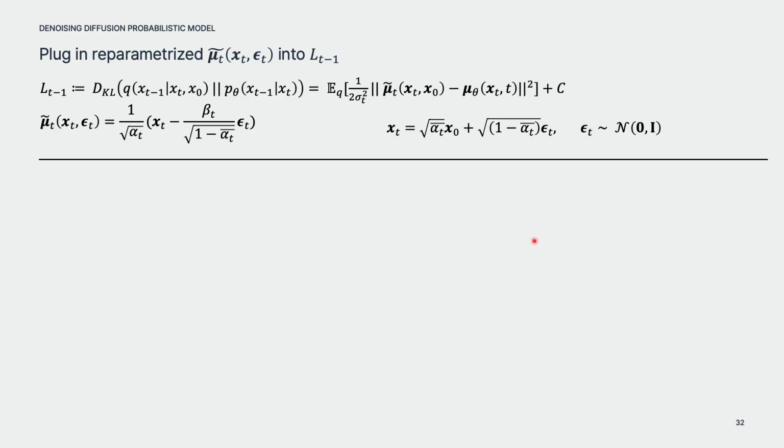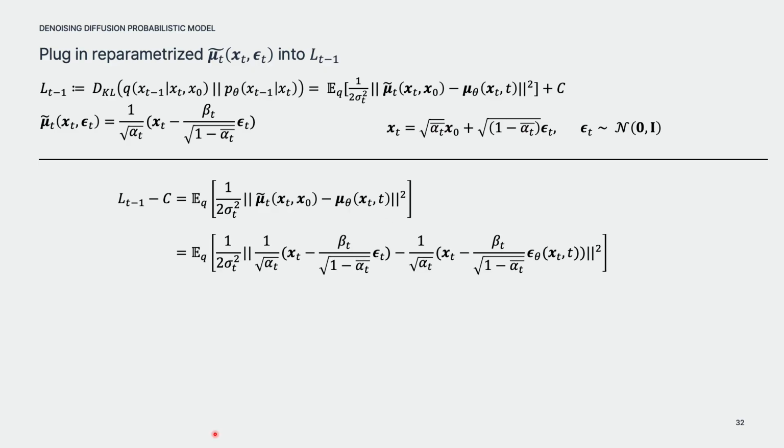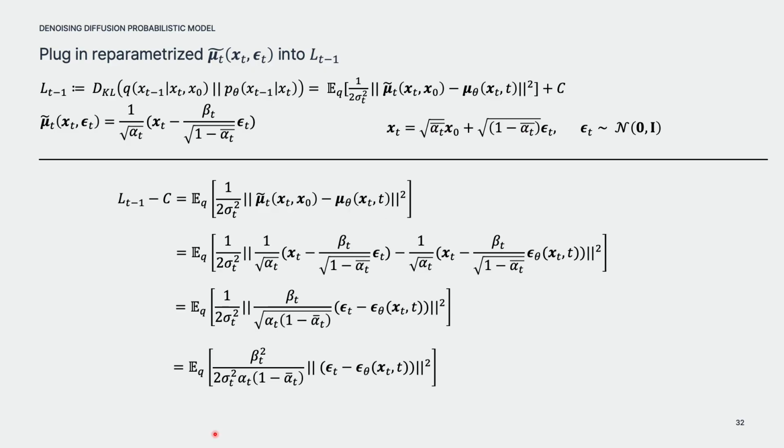Now recall that our loss term of interest, Lt minus 1, is an L2 distance between the posterior mean and the model mean. Now that we've reparameterized this mean with xt and epsilon t, the L2 distance of mean turns into the L2 distance between epsilons, weighted by the variance schedule, this alpha and beta, and the fixed variance of the reverse process, sigma t.